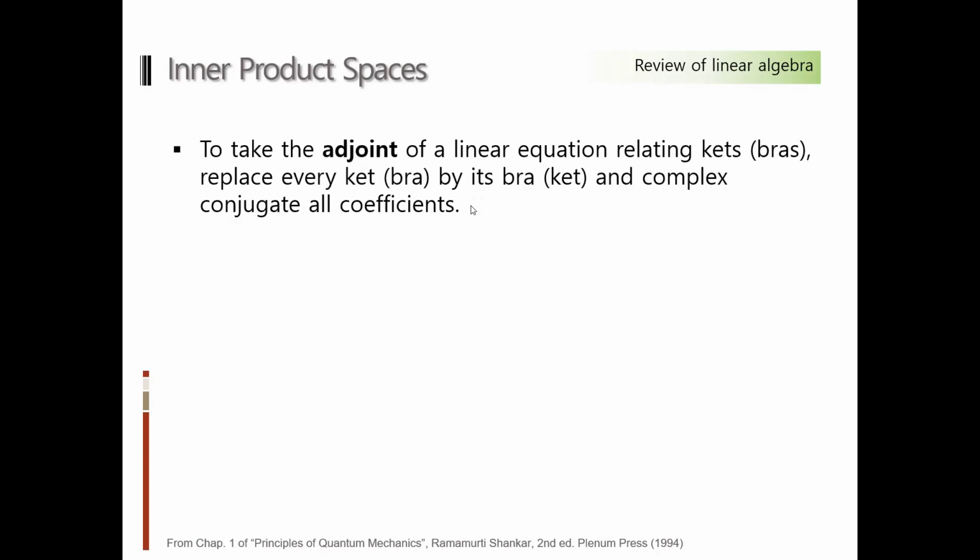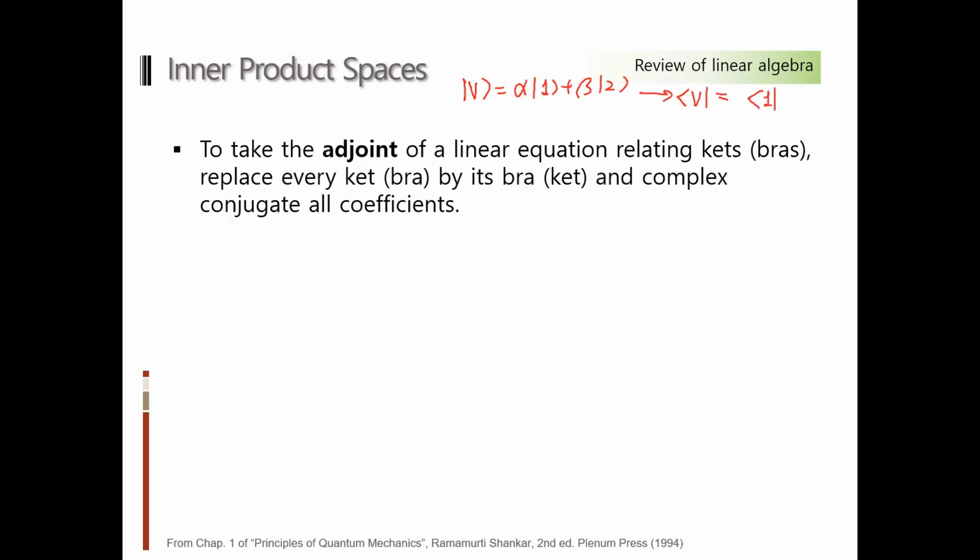So for example, if you start with some vectors like alpha |1> plus beta |2>, then whenever you are taking the adjoint, not only this one will turn into the bra, but everything.